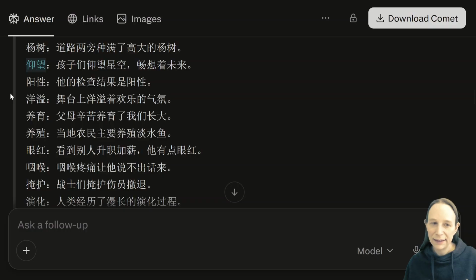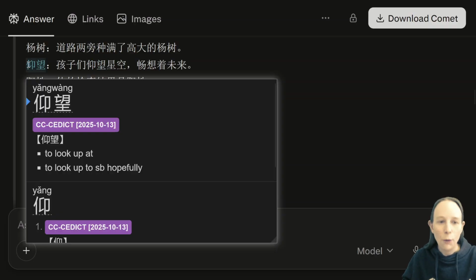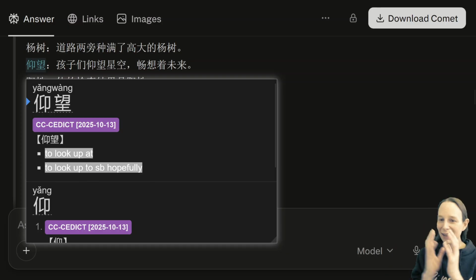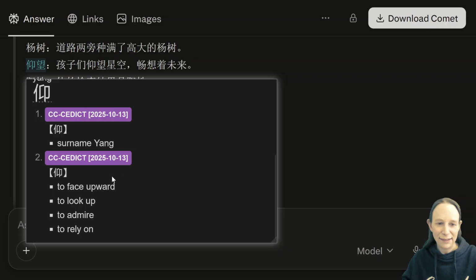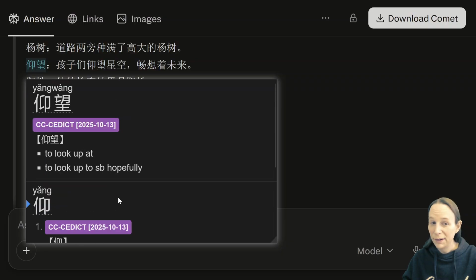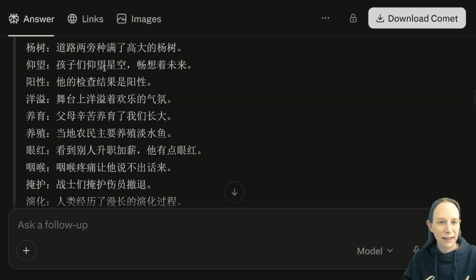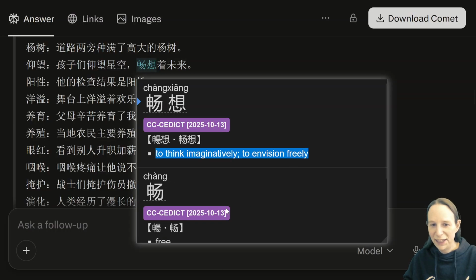仰望. This is like gaze in the distance, something like that, right? I'm not sure. 仰望, to look up at. Oh, so it's yang meaning to raise. Okay, sorry, no, I got it completely wrong. Face upward. 仰望，孩子们，仰望星空，畅想着未来. 畅想, that's a new word for me. Envisage.